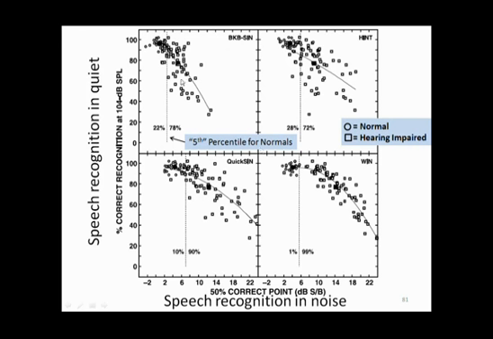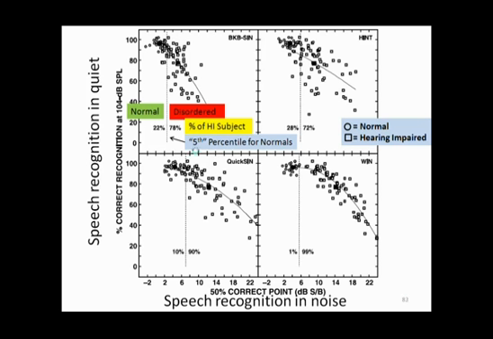And look at the spread in the data. This is kind of hard to see here, but the open circles represent individuals with normal pure tone thresholds, and the squares represent folks with some sort of elevated pure tones. So this would represent individuals with normal audiograms. This would represent individuals with some sort of pure tone threshold loss.